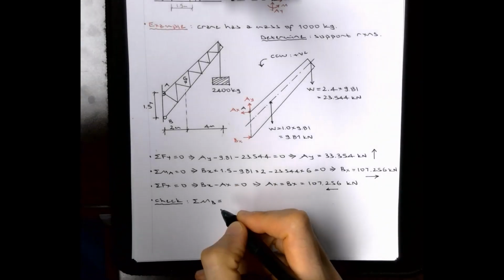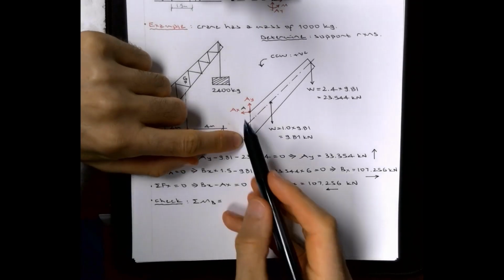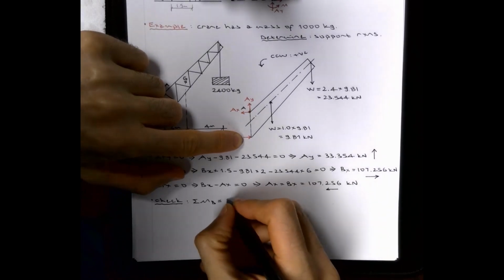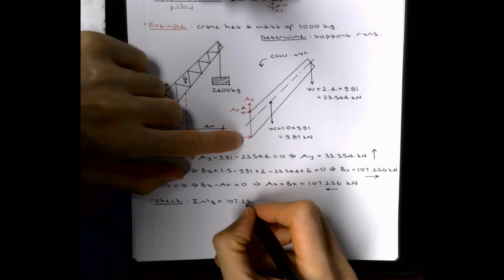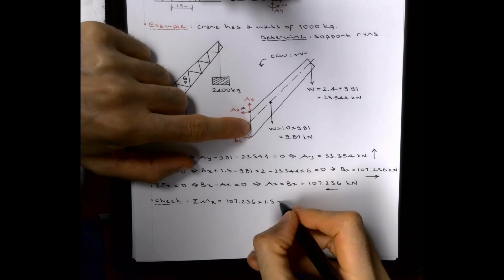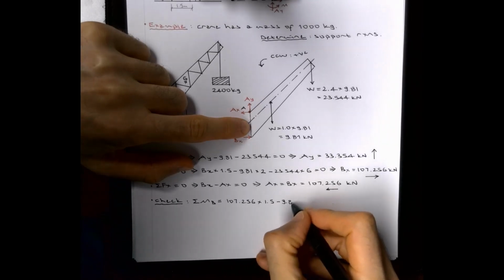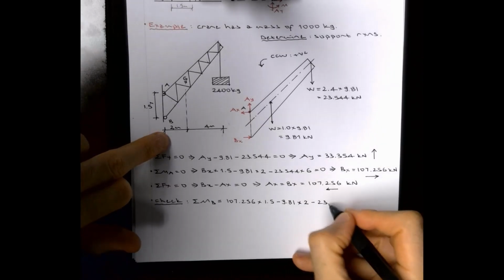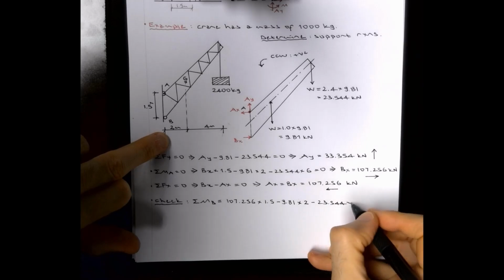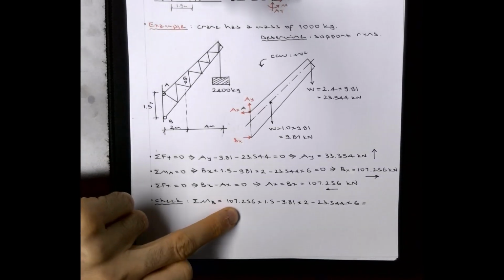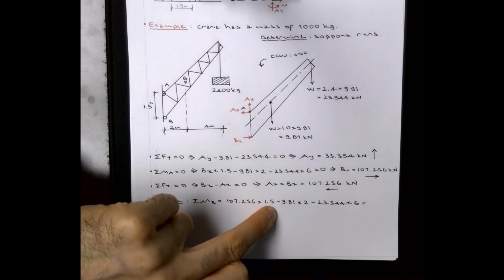Take the moment about point B. AX times 1.5, you can write those down, but of course use the full precision, it's counterclockwise, minus 9.81 times 2 minus 23.544 times 6 equal to, do the math. 107.256 times 1.5 minus 9.81 times 2 minus 23.544 times 6.